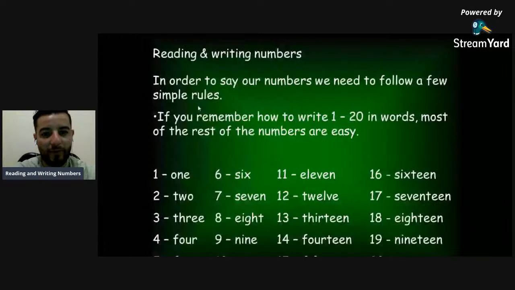In order to say numbers, we need to follow a few simple rules. If you remember how to write 1 to 20 in words, most of the rest of the numbers are easy. So you might want to repeat after me: 1, 2, 3, 4, 5, 6, 7, 8, 9, 10, 11, 12, 13, 14, 15, 16, 17, 18, 19, 20.